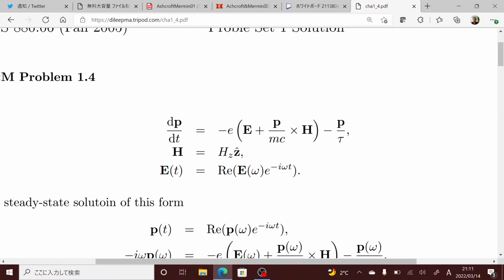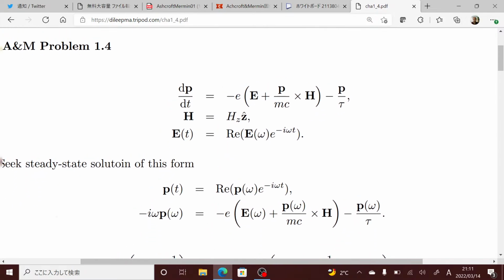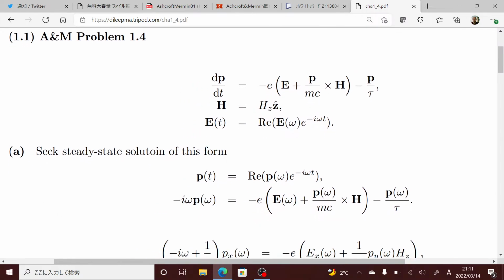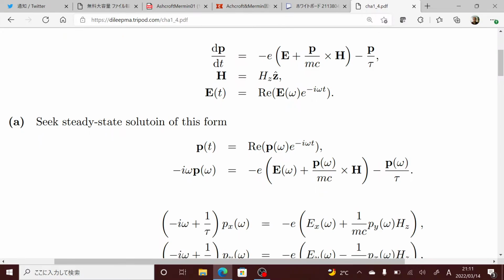So this is the equation of motion, kind of. H is perpendicular to E. E of t equals real part of E omega. Seek a steady state solution of this form.